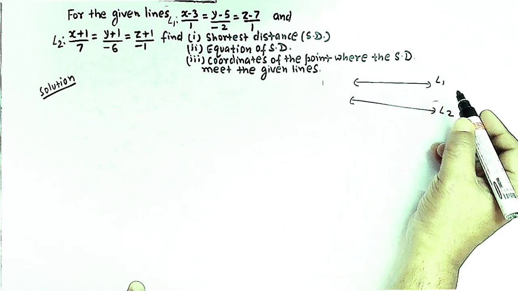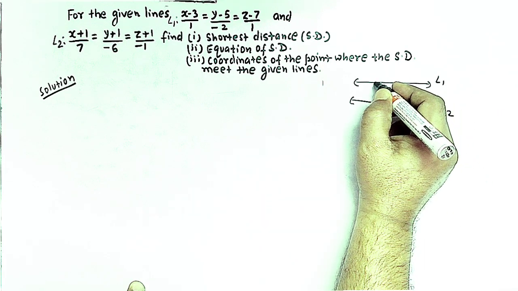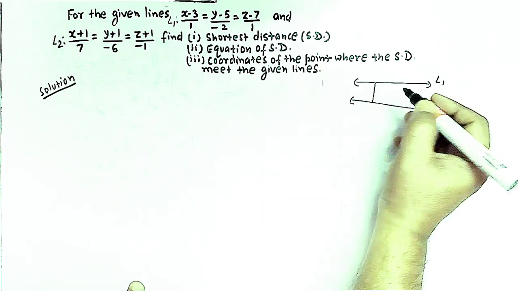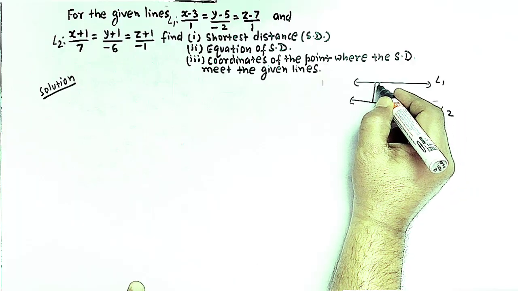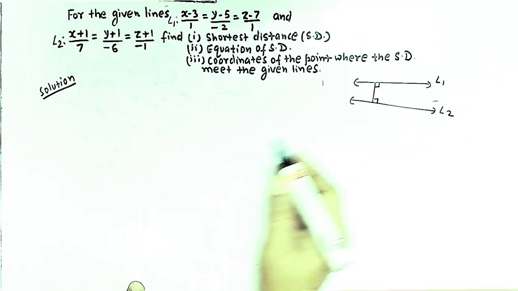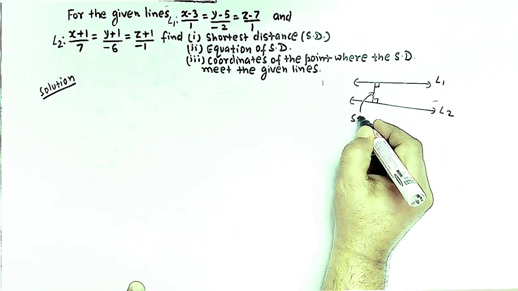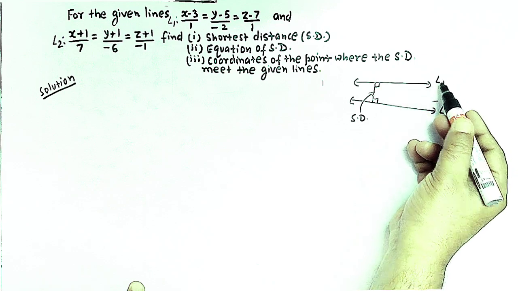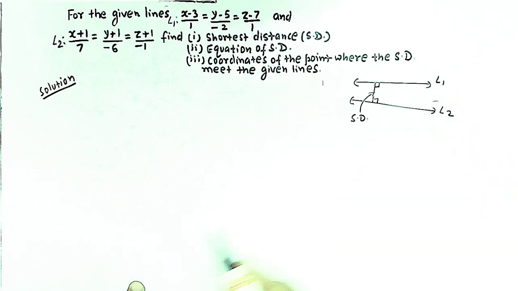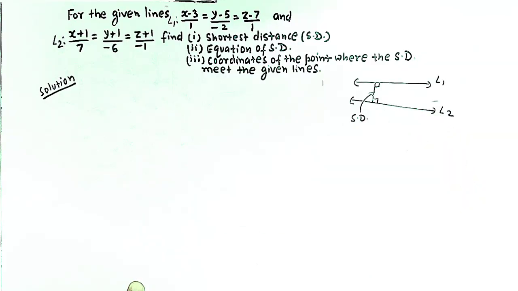And the shortest distance between these two lines L1 and L2 is this segment which is perpendicular to both the lines L1 and L2, right? So the shortest distance is the line segment joining the two lines L1 and L2, and this is the line of shortest distance which is perpendicular to both the lines L1 and L2.